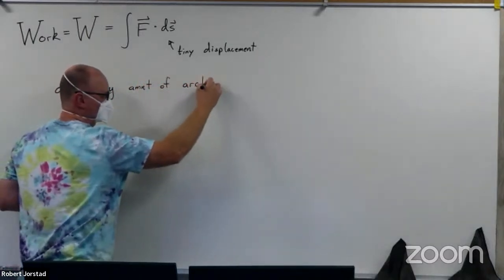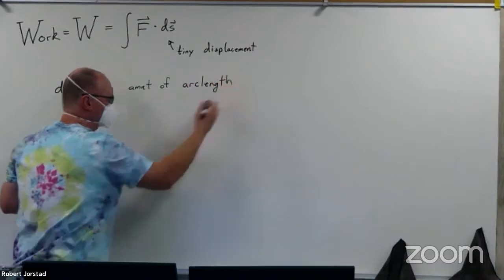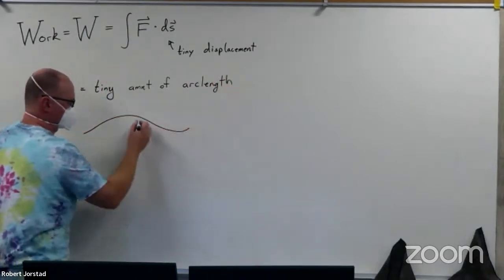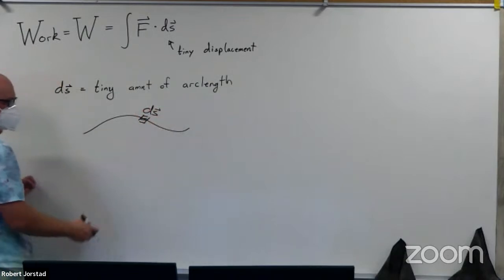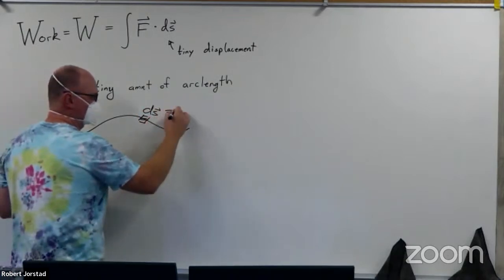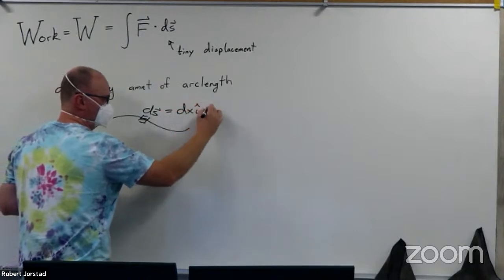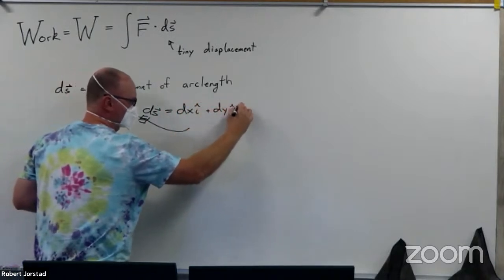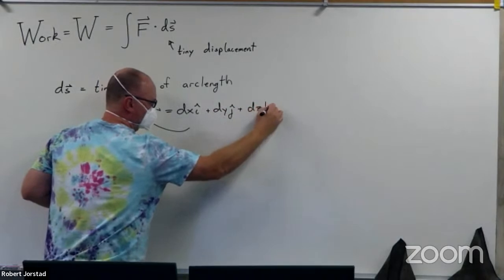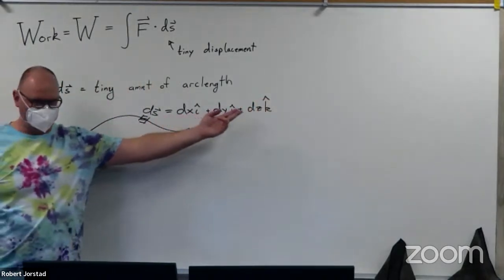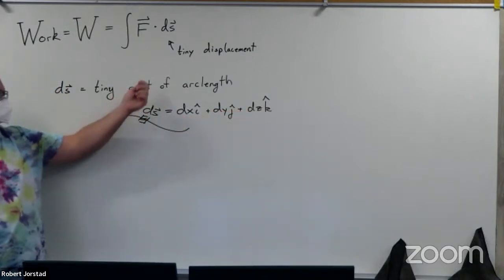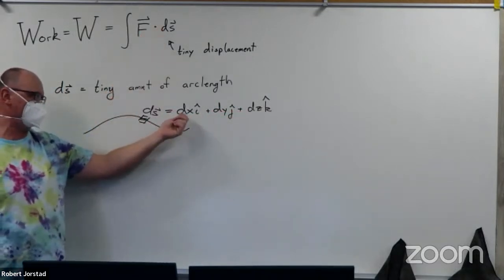So if you're traveling along some arbitrary path, ds would be how much you move in x and y. You could think of it as dx in the i hat plus dy in the j hat plus dz in the k hat. It's some amount that you're moving in the x, y, and z direction, and since it's ds, it's a tiny amount.